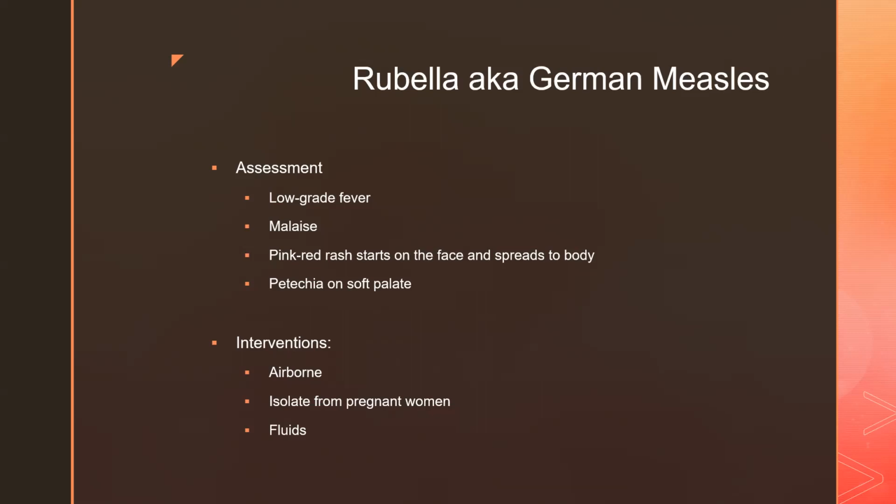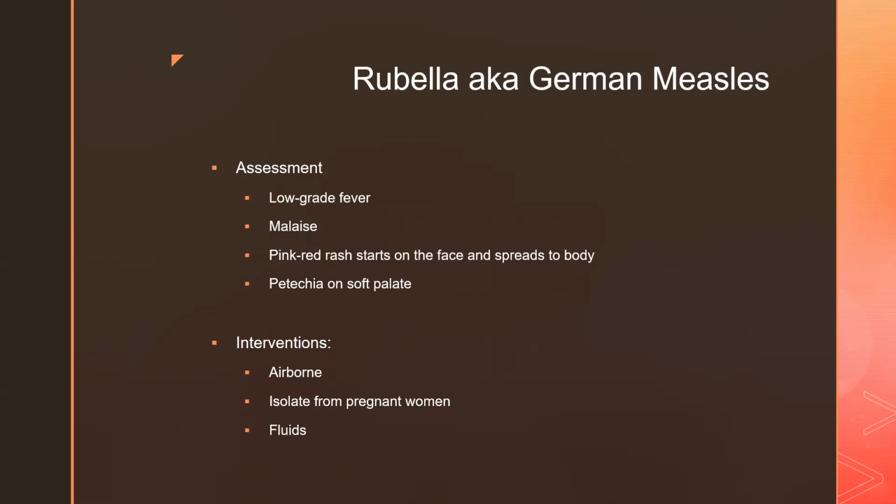And then we have petechiae, or those red hemorrhaging dots that we talk about, right? They're not full on hemorrhaging, like lots of blood, but they're little spots of blood found on the soft palate of the mouth. Okay, so regular measles, white Koplik spots on the inside of the cheeks, and rubella or German measles, it's going to be those red dots on the soft palate.